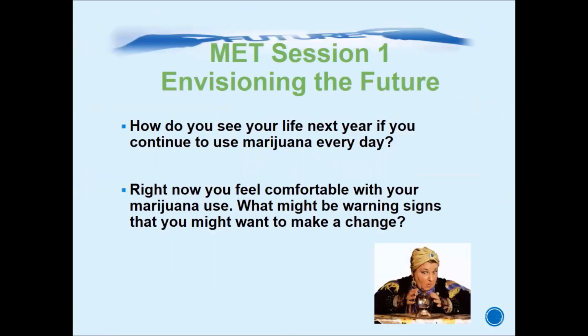And also the contrast, envisioning the future. If things stay the same and you continue to use marijuana every day, where are you going to be in a year, or 2 years, or 5 years? Another example might be, right now you feel comfortable with your marijuana use, but what might the warning signs be that you would want to make a change?